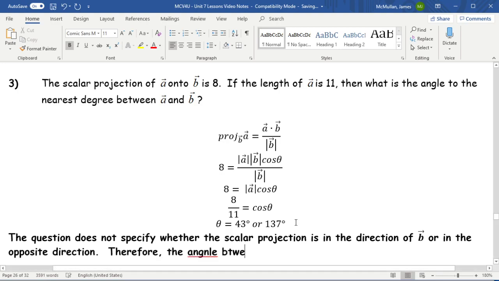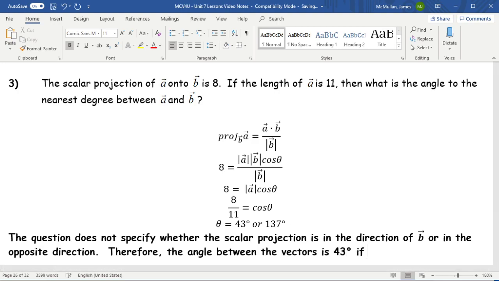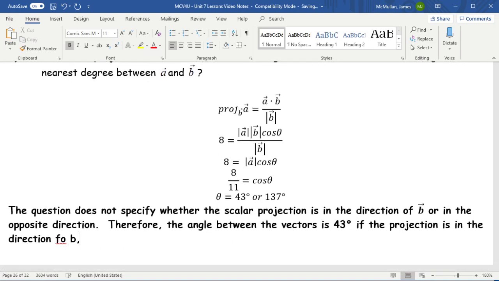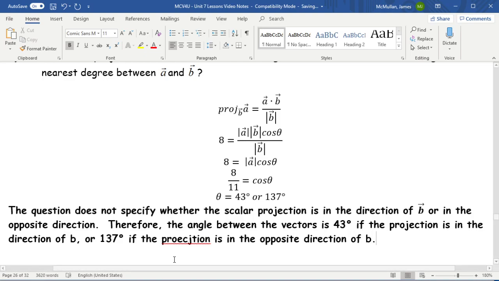Therefore, the angle between the vectors is 43 degrees if the projection is in the direction of B, or 137 degrees if the projection is in the opposite direction of B. Okay?